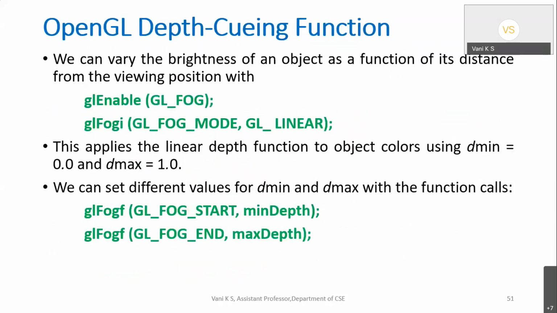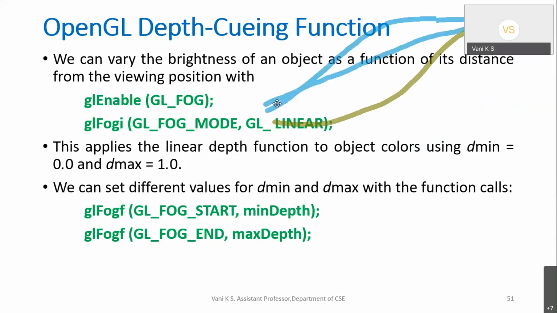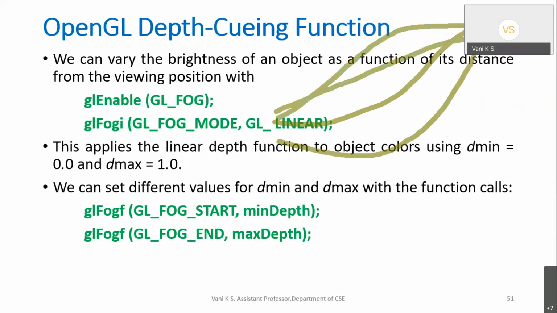Then there is something called depth queuing in OpenGL or in graphics. I don't have a photo to show that. What do you mean by depth queuing? Something like this I would like to draw. Some object, if I consider it like this, the pixels, for example, I'm looking at the center point.